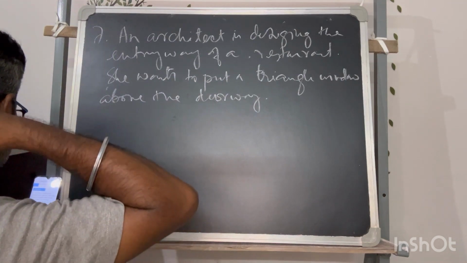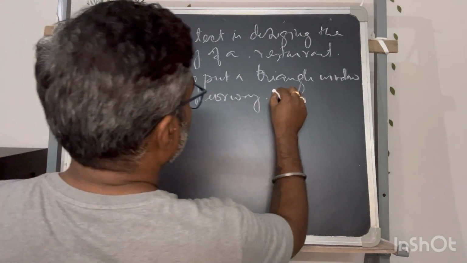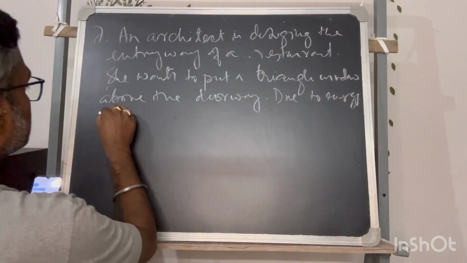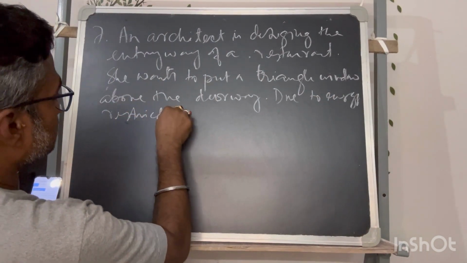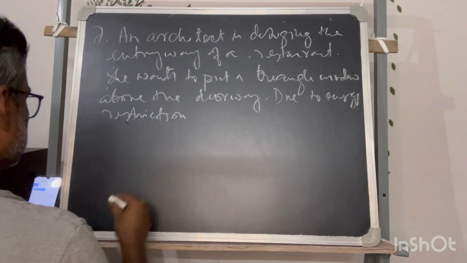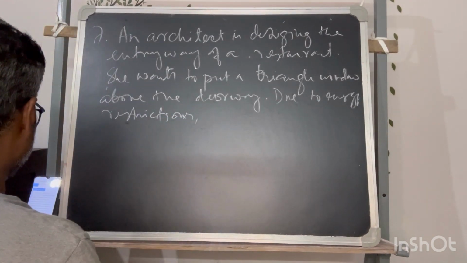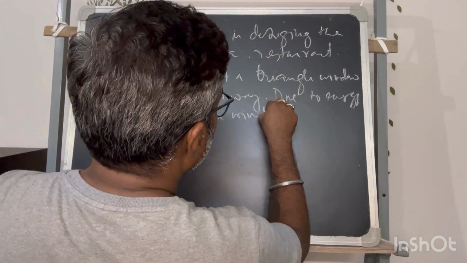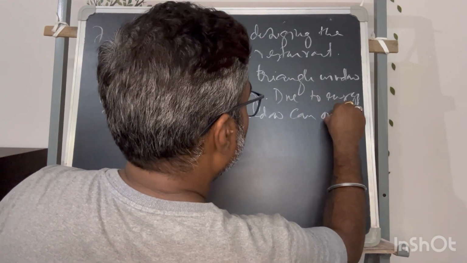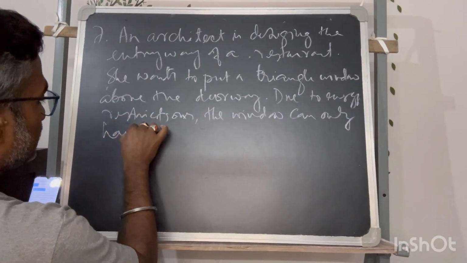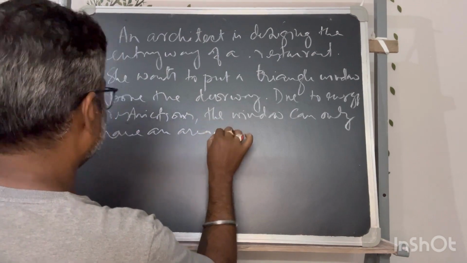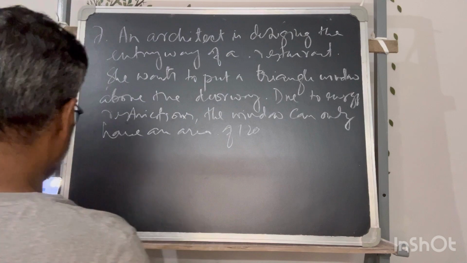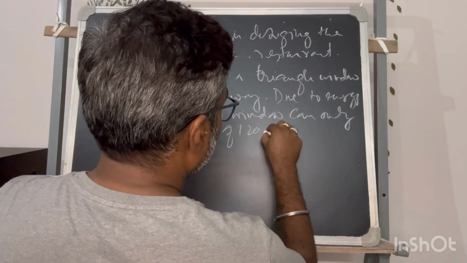Due to energy restrictions, the window can only have an area of 120 feet square.